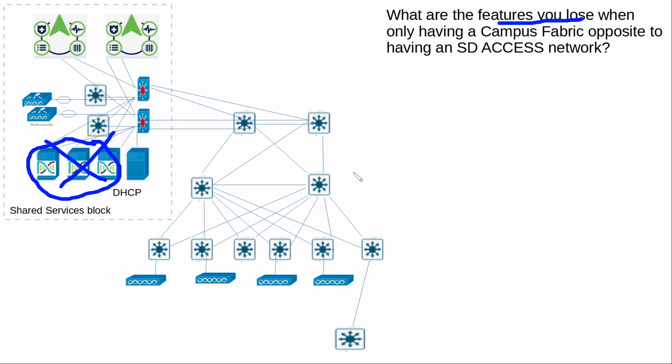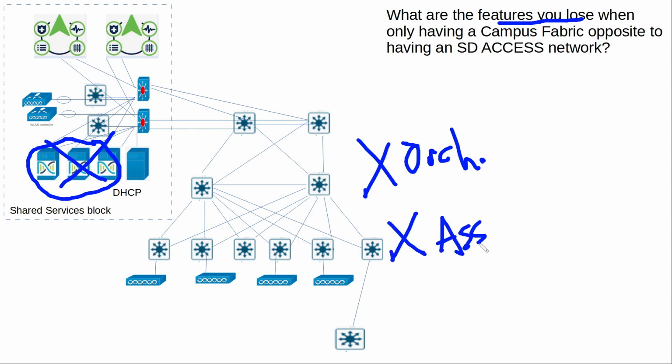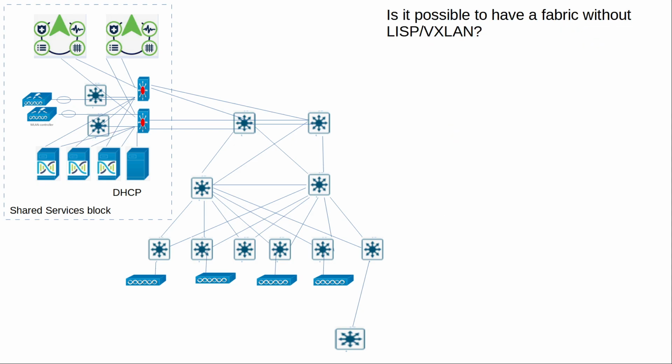So you can have a running network, but you will lose orchestration. You will not have orchestration, and you will not have assurance. So your network will not be an intent-based network if you don't have your Catalyst Center. So let's go to the next question.